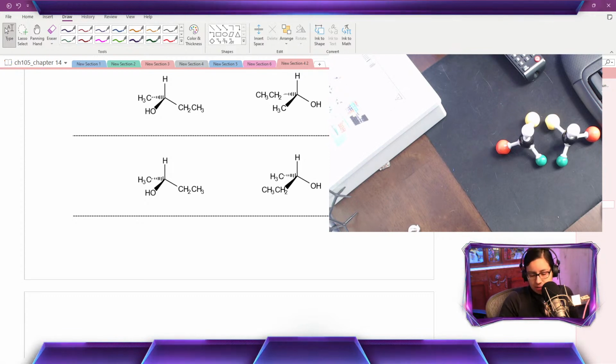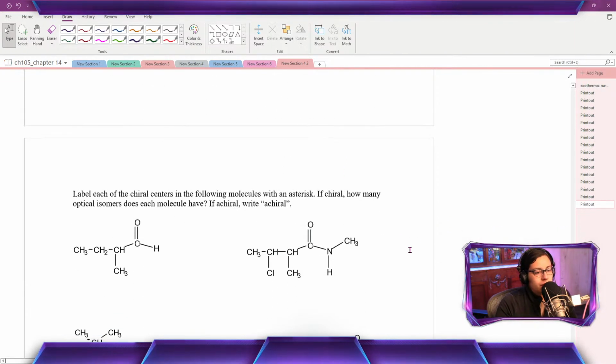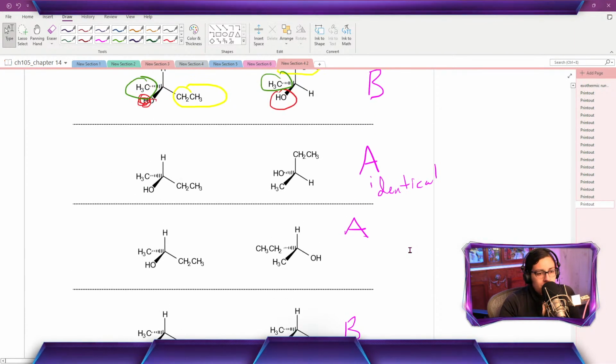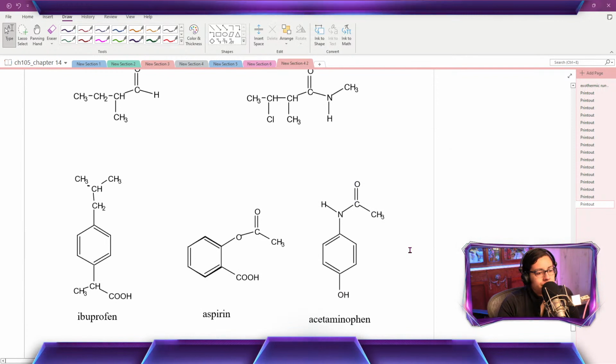And so now those are mirror images, so those are enantiomers. Any questions on those? The molecule kit's super useful. And again, if you don't have one, you can kind of jerry-rig your own.